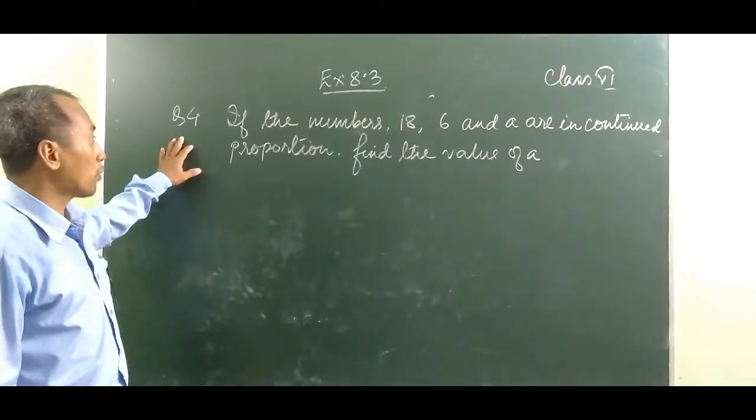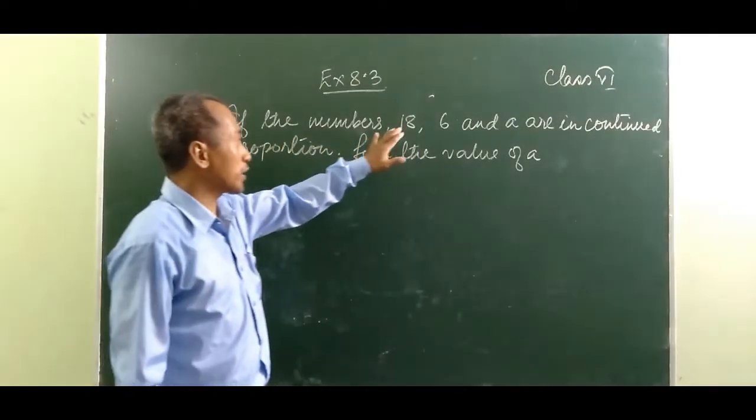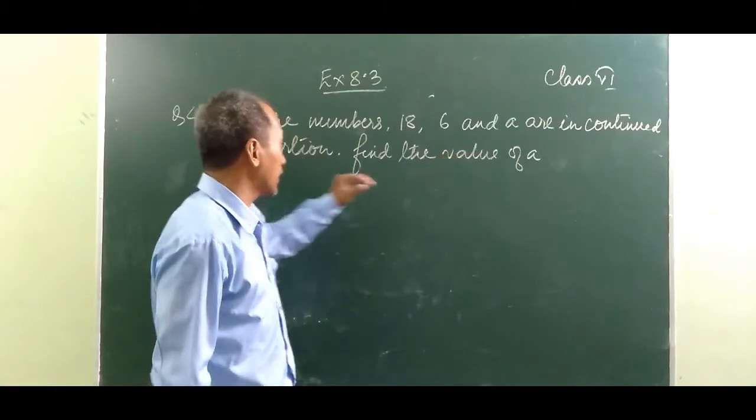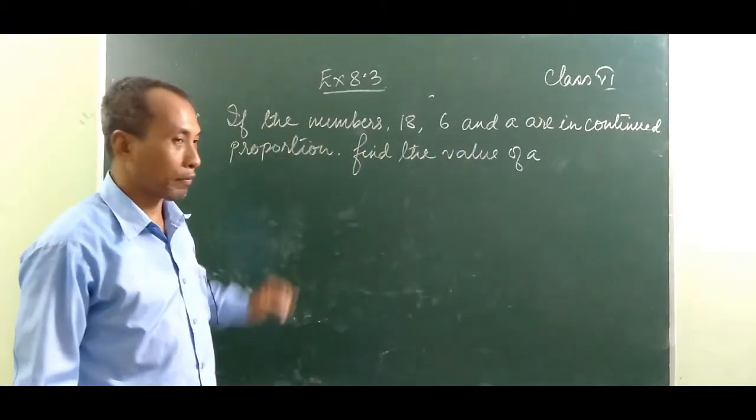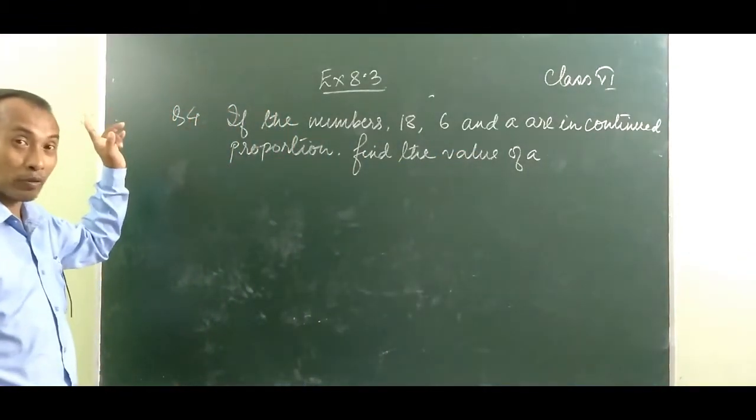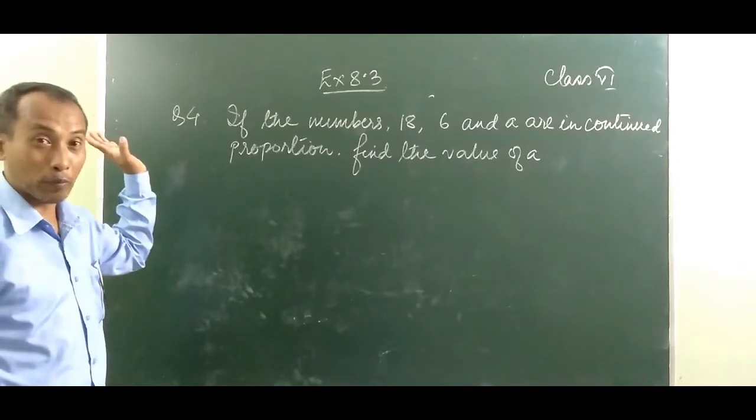So question number 4, if the numbers 18, 6 and A are in continued proportion, find the value of A. So we are going to go back to continued proportion. What is continued proportion?